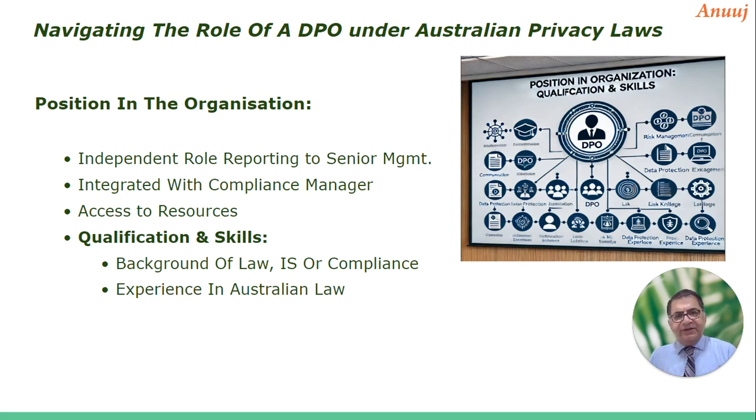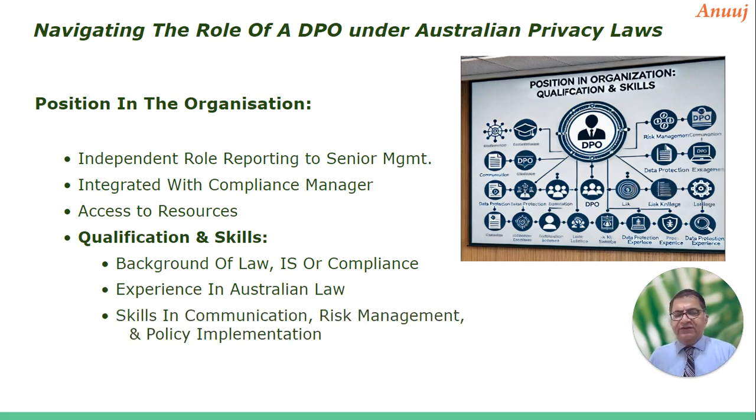He should have experience in Australian law, and he should have skills in communications, risk management and policy implementation. And when we spoke a lot about the role of a DPO in general, communication skill we always thought was one of the most important skills. He has to get policies created and implemented from top management stakeholders to the rock bottom junior most person of the organization. So those skills are very, very important for him.